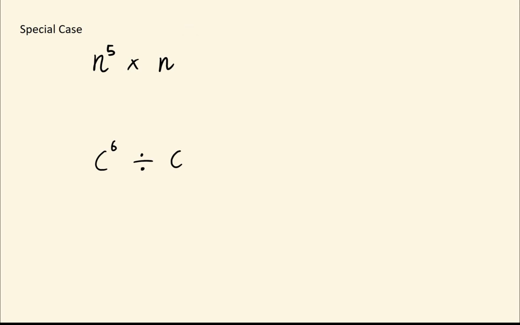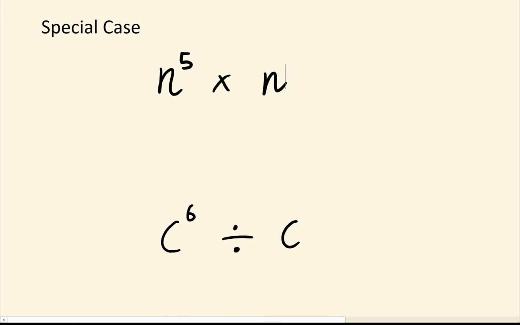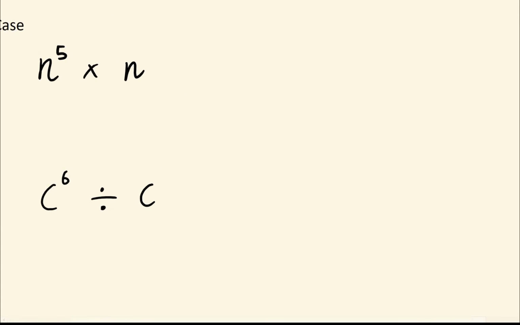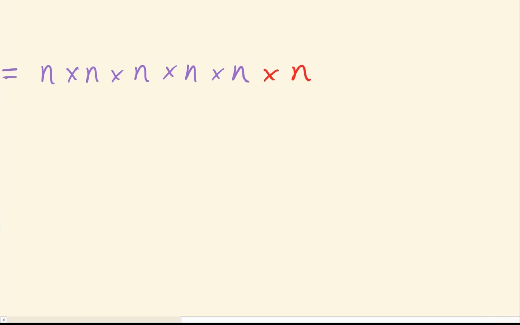We have a special case, and if we look here, we've got no power for both these questions. So that can confuse a few people. Let's do it a long way first and I'll explain what's going on. So I'll do this term in blue. So n to the 5 means I have 5 of them. And then I'm also timesing that by n. So altogether we can see I have 1, 2, 3, 4, 5, 6 n's.